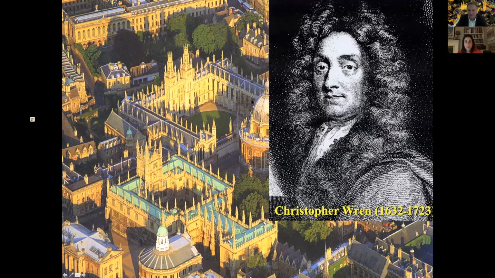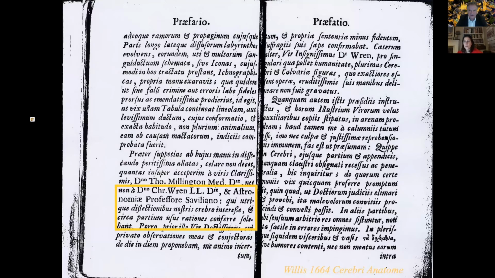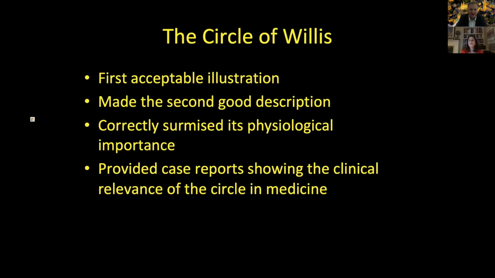He was responsible for all this, and he was acknowledged in the preface, on the first page of the Cerebral Anatomy by Willis. And probably that's why the name is associated. So Willis should be credited for all this.